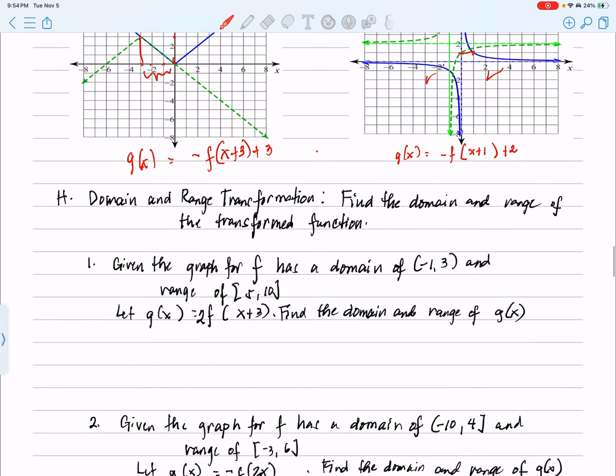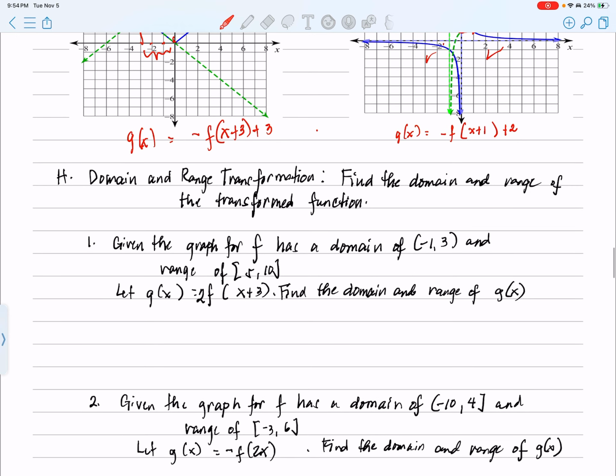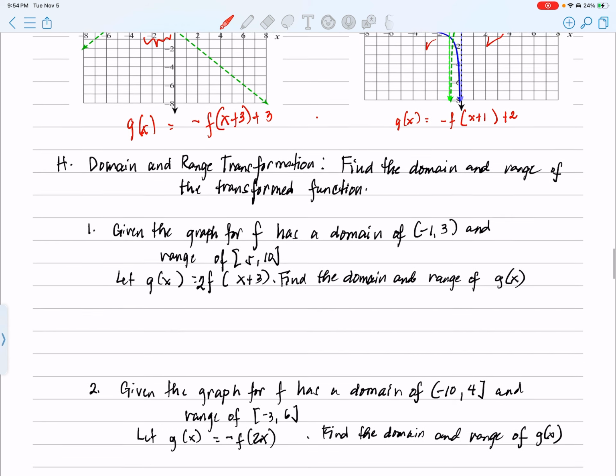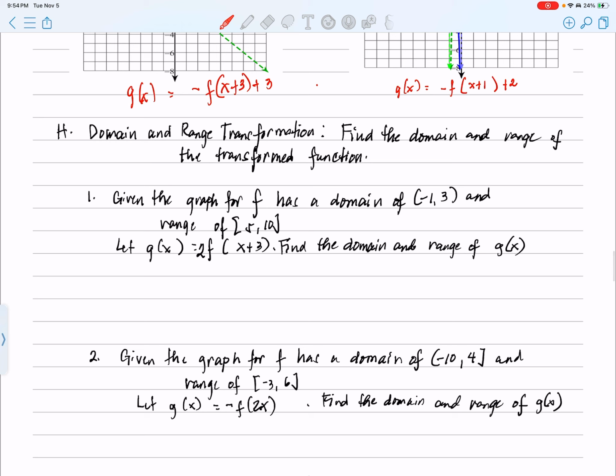Domain and range transformation. Find the domain and range of the transformed function.